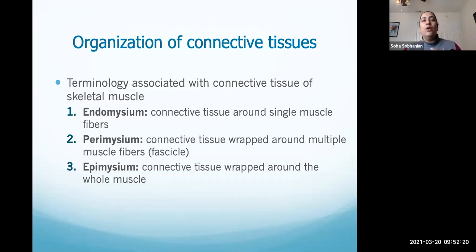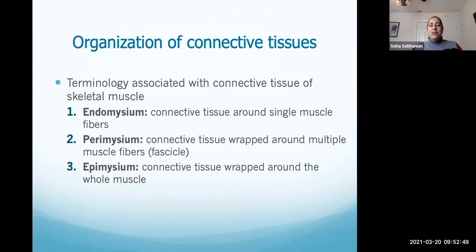So when we look at your muscles, we actually have three layers of connective tissue. They are endomysium, perimysium, and epimysium. Now again, look at the word. Endo means inside, peri means around, and epi means on top of.